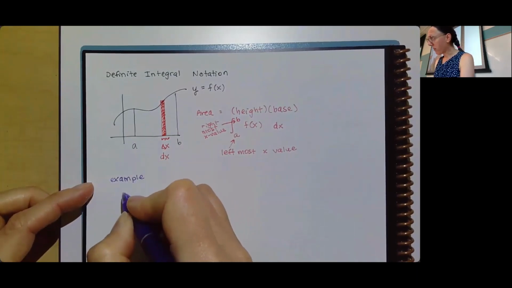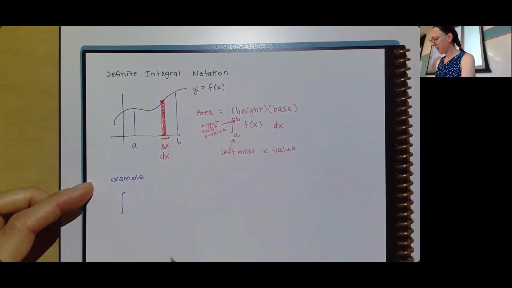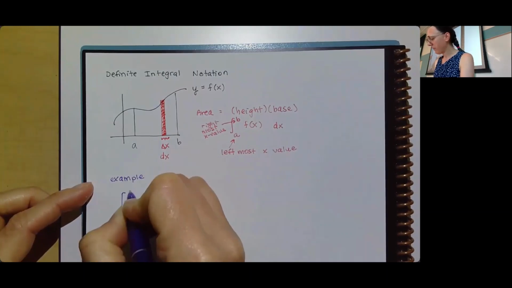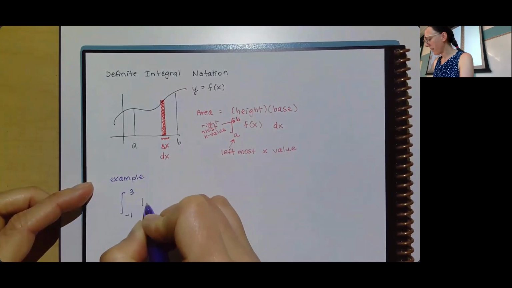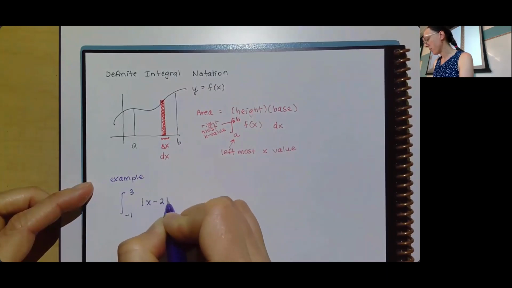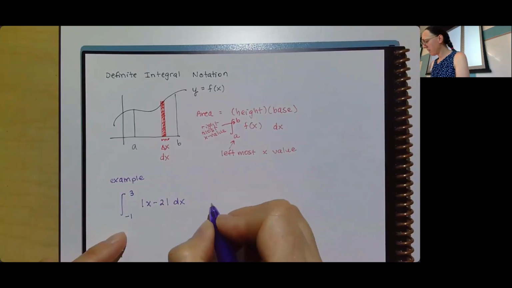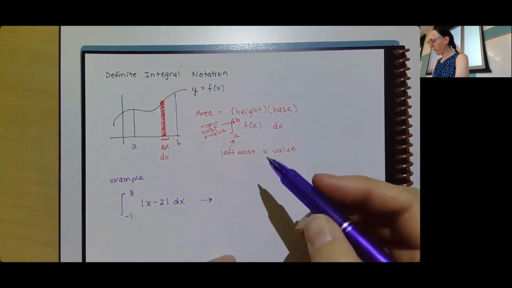So for example, if I wrote something like the integral from -1 to 3 of the absolute value of x minus 2 dx, this notation tells me we're looking for the area.